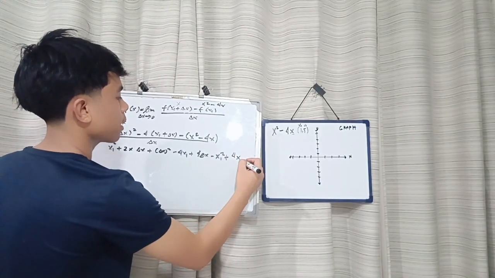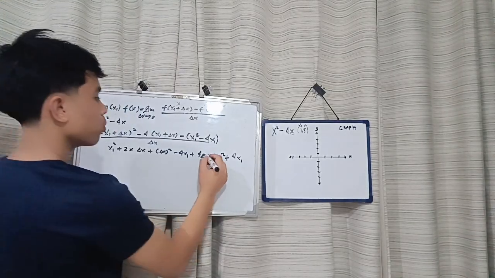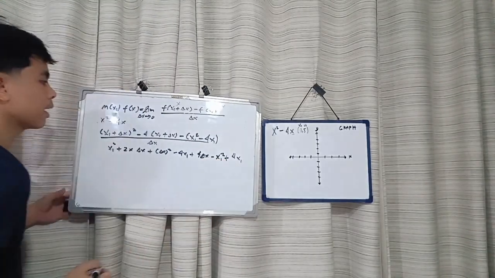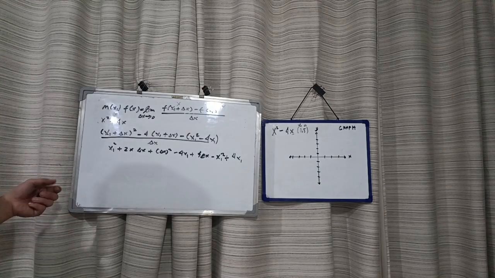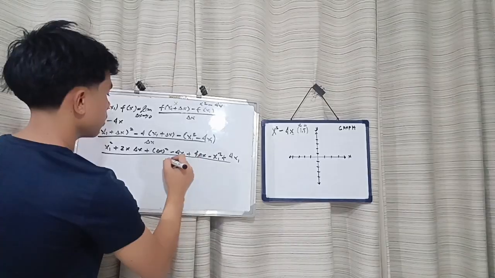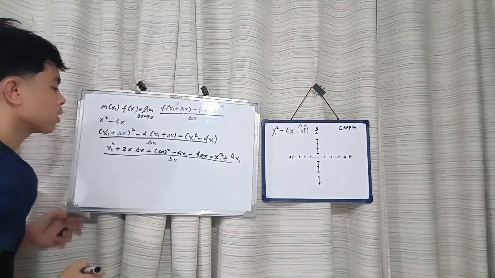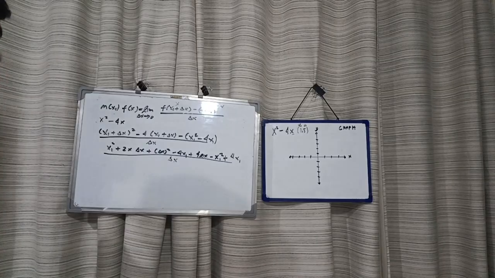Sorry, I forgot the sub 1. That's the first step over delta x. Next step, you will cancel out the same terms.